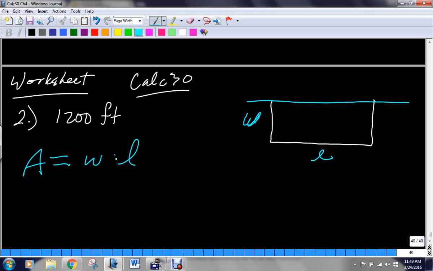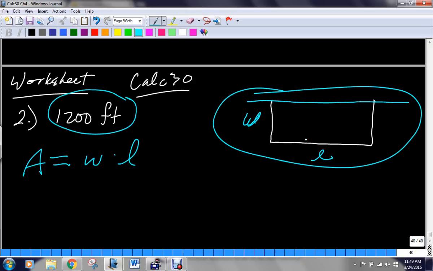But I only want one variable, so just as in the previous question, let's use what information we're given, 1,200 feet, and the fact that this is the shape, and this is how we're going to use the fencing material. So we say that W plus L plus another W, another width, because this is rectangular, so these two are going to be identical, equals 1,200.